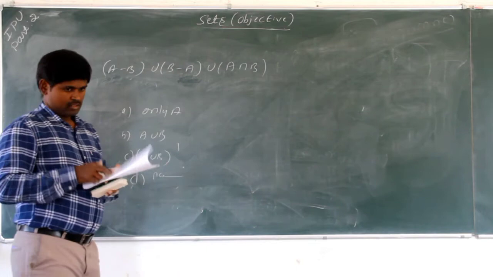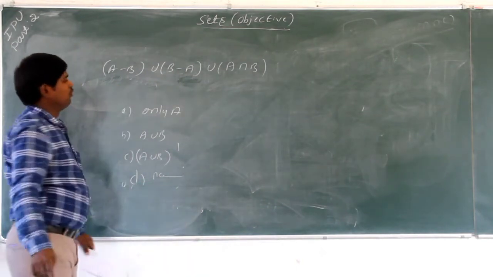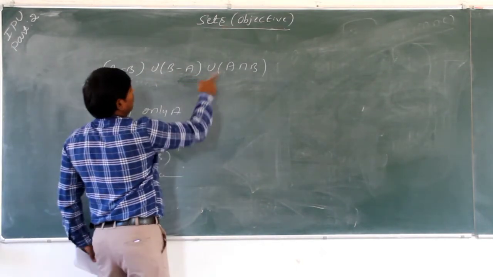So see here, A minus B union of B minus A union of A intersection B.